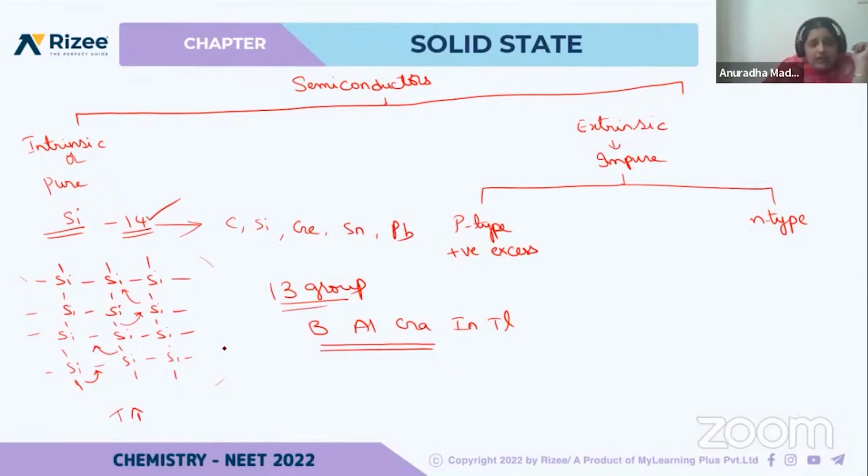If in this pure silicon compound, any group 13 element is added, that is, if we remove one silica and add one group 13 element, then that is known as a P type semiconductor.